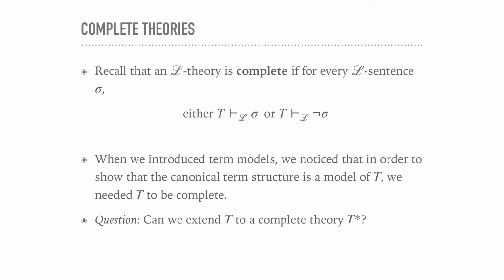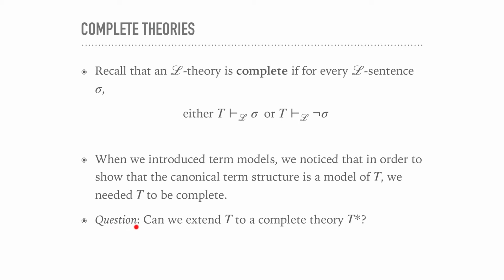And as I already mentioned in the introduction, when we started looking at term models, we noticed that in order to show that the canonical term structure is a model of T, we needed T to be complete. And that was in particular for the case when we wanted to carry the induction from psi to not psi.